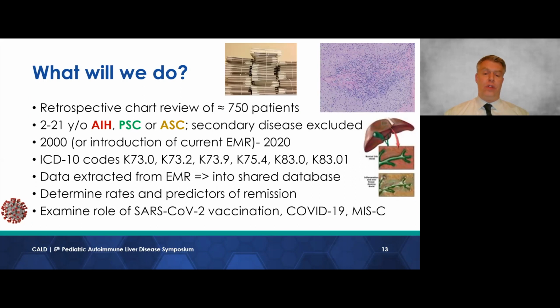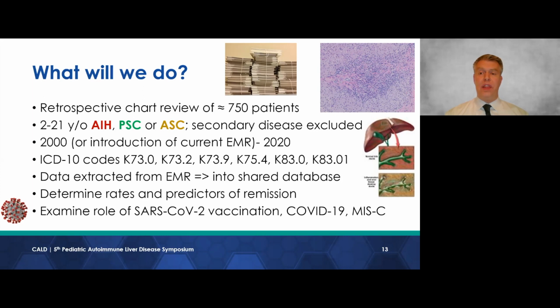We plan to review the electronic charts of approximately 750 patients, 2 to 21 years of age, with autoimmune hepatitis, primary sclerosing cholangitis, or autoimmune sclerosing cholangitis, formerly called overlap syndrome, over a duration of 20 years, or whenever the current electronic medical record system was first introduced at that study site.